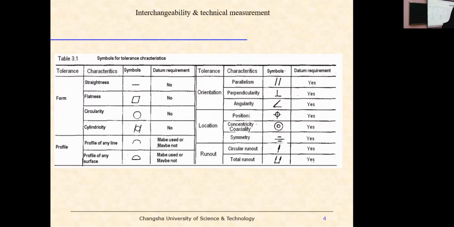Position: the concentricity, the coaxiality, the symmetry. The circular runout and the total runout. So this is different. The circular runout measures points, and total runout measures a lot of points, like a line.